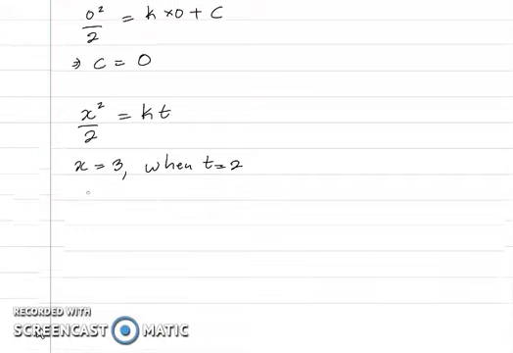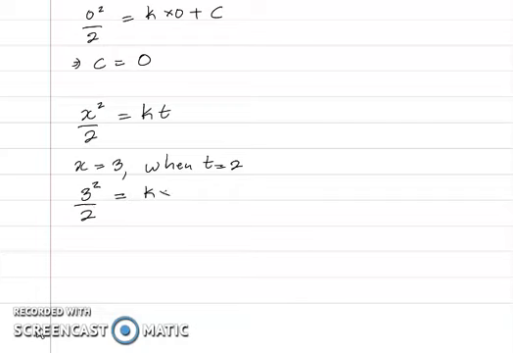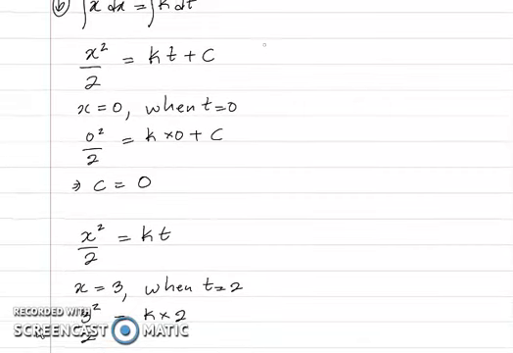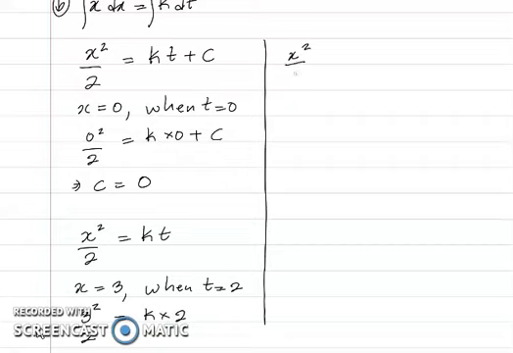So this becomes 3 squared over 2 is equal to k times 2. So 2k is equal to 9 over 2. If I divide both sides by 2, I'm going to get k is equal to 9 over 4. And so I can therefore write my particular solution to be x squared over 2 is equal to 9 over 4 t.